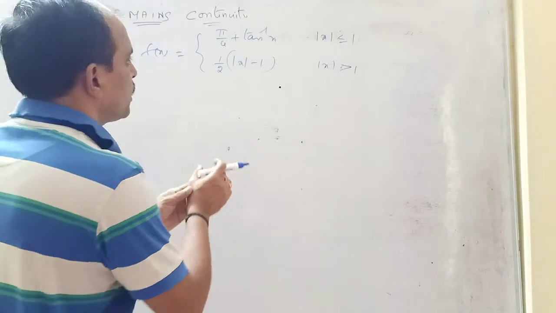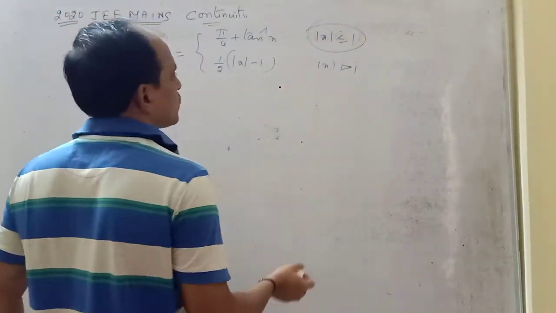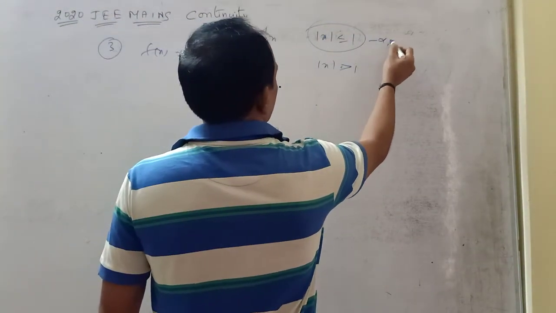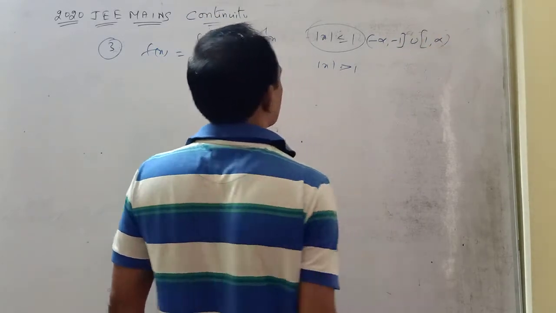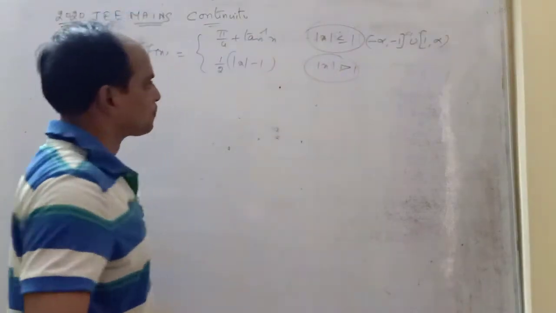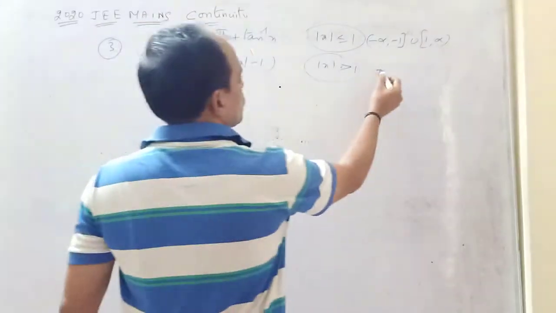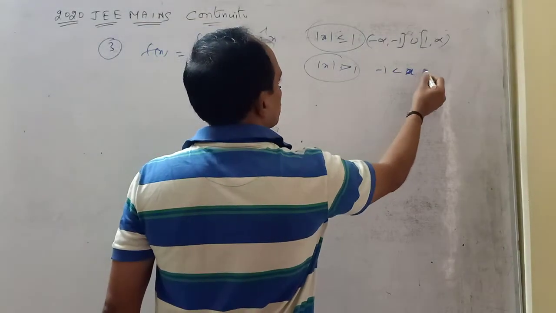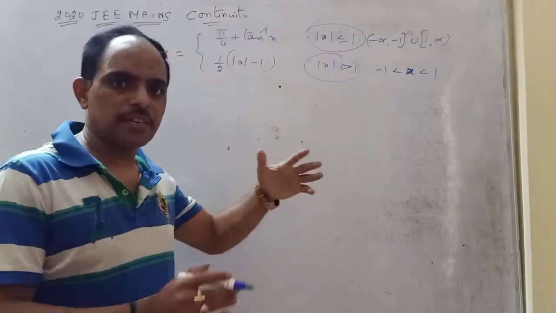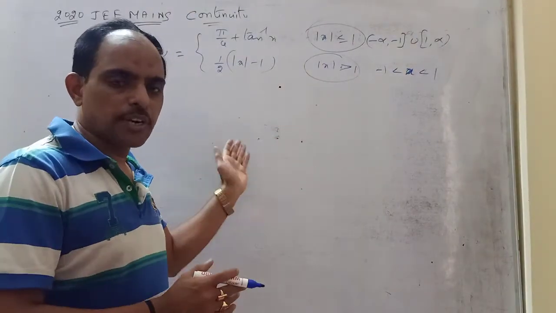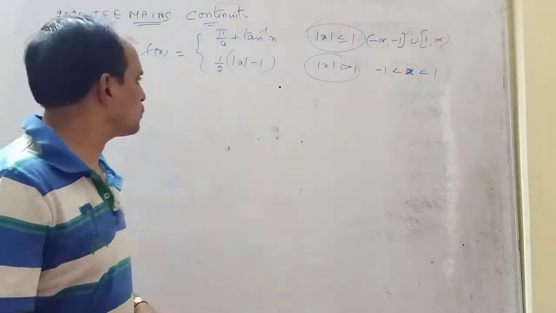First you have to verify what is meant by this one. This is nothing but minus infinity to minus 1 including, and 1 to infinity. And here we have two cases. Mod x less than 1 means in between minus 1 and 1, because mod x takes minus when it is in the negative side, mod x takes positive when it is greater than 0.